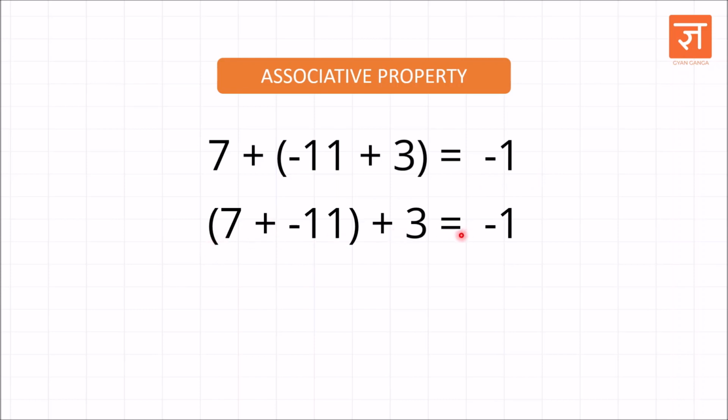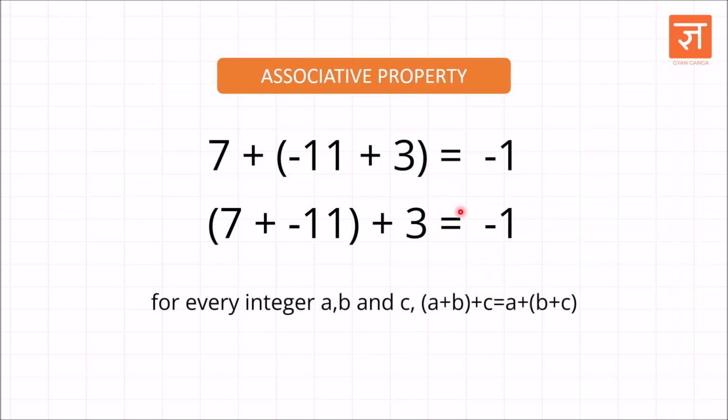For every integer A, B and C, if we add the first two and then the third, or first add the last two and then add the first one, we will always have the same answer. That is A plus B, then plus C is equal to A plus B plus C. So this is the equation, and we got to know that yes, integers are associative for addition.